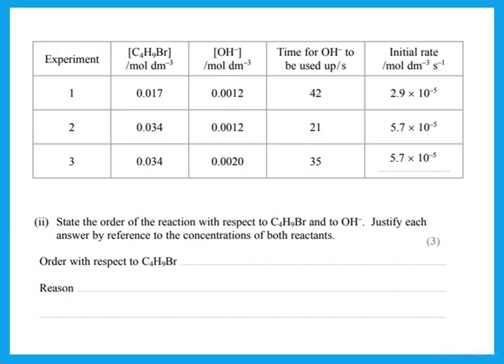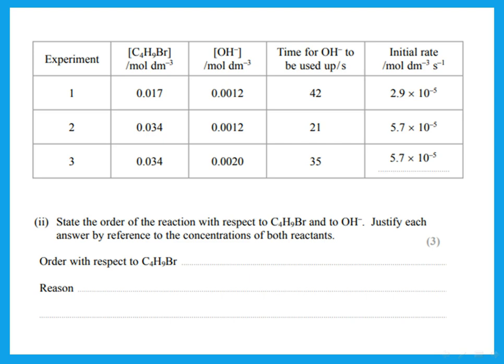Then he says, state the order of the reaction with respect to the bromobutane and to the hydroxide ion. Justify each answer by reference to the concentrations of both reactants. Now, remember that for most of the questions we're going to be talking about, he will give you a table like this where you have different experiments and you are required to determine the order with respect to each of the reactants.